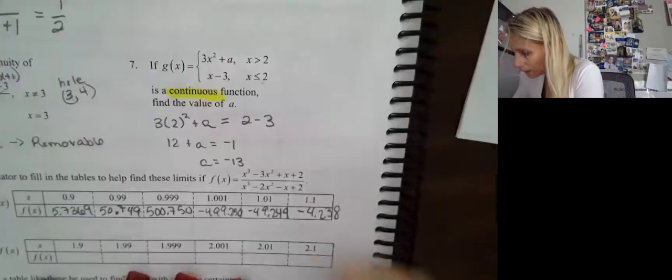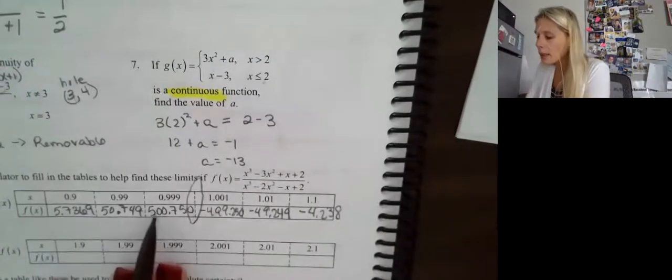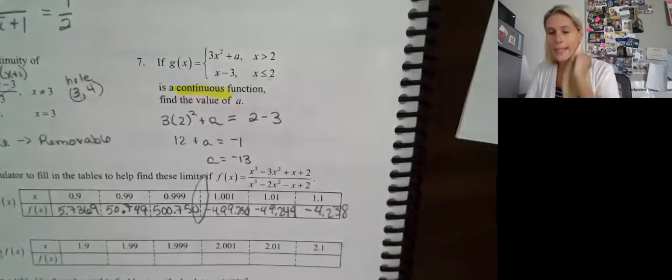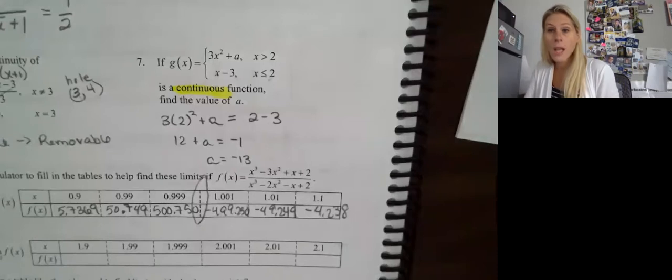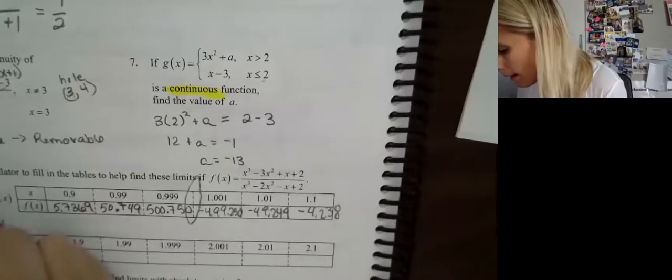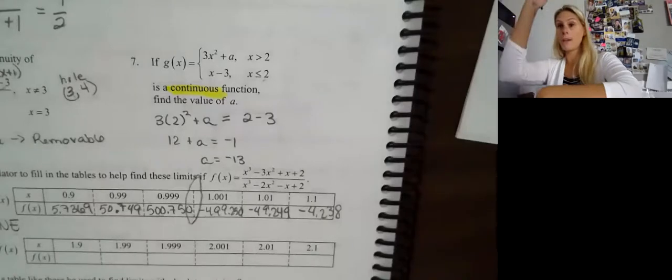So now we're looking very, very close to 1 here, which falls right here. Is your left side and your right side going to the same number? Yes or no? The answer is no. One's positive and one's negative. So that means this limit does not exist because they're going to different numbers.